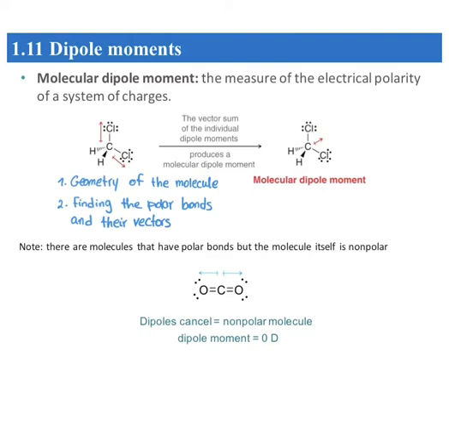So if you consider the structure of dichloromethane, dichloromethane has a tetrahedral geometry, and we have two polar bonds in the molecule. Chlorine is more electronegative than carbon, so both of these arrows are going towards the chlorine.